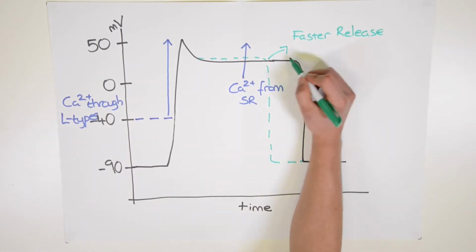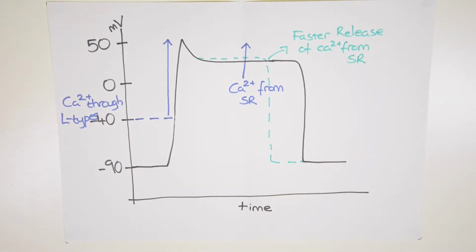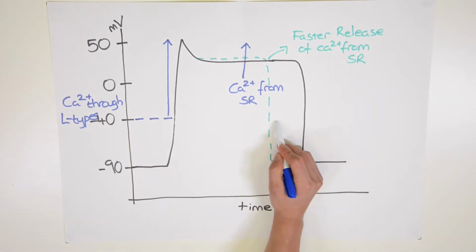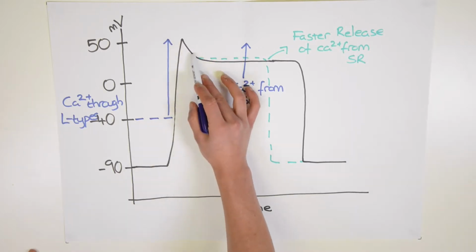Calmodulin complexes are formed at a faster rate, causing an earlier inactivation of calcium channels and thus an earlier termination of phase 2. This overall leads to a faster conduction velocity as the next action potential can begin sooner, causing a tachycardia. The plateau is also slightly flattened as the positive calcium current is increased relative to the negative potassium current.